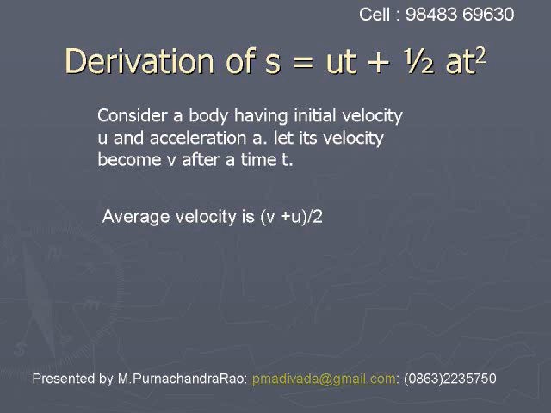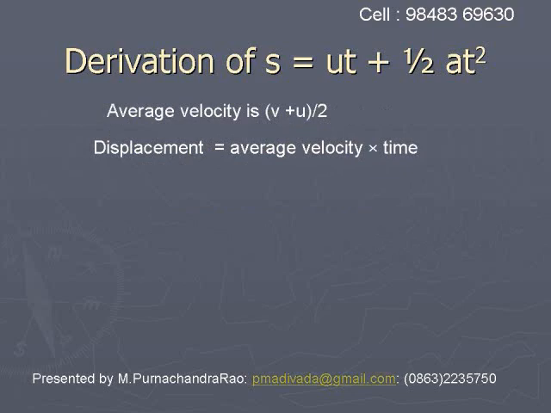Then its average velocity is v plus u by 2, that is, initial velocity plus final velocity by 2. Displacement is average velocity into time. So, we get the relation s is equal to v plus u by 2 into t.